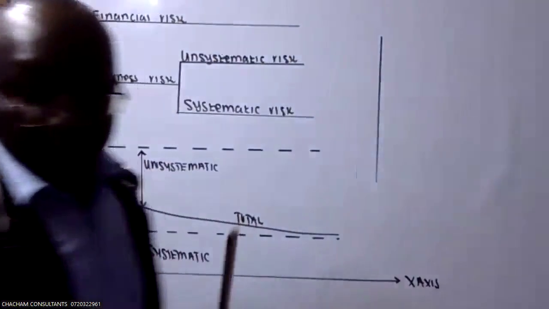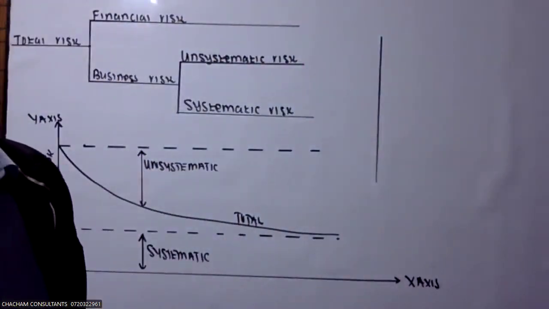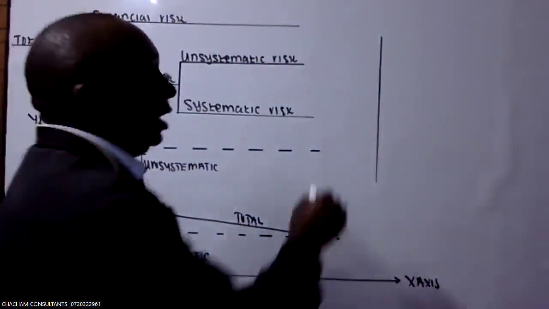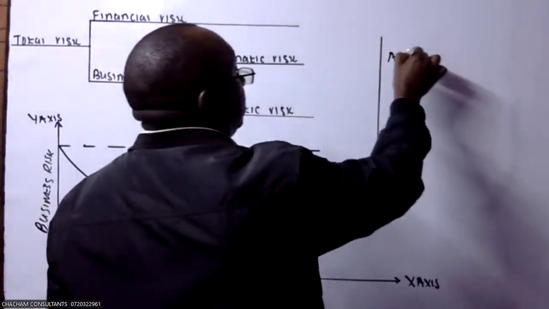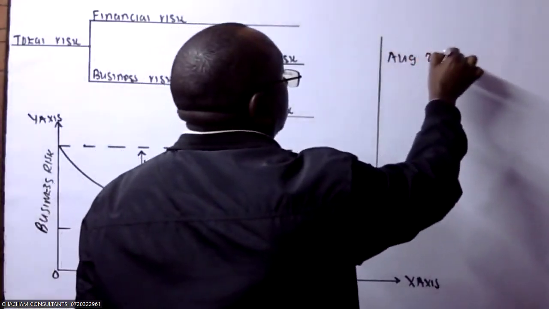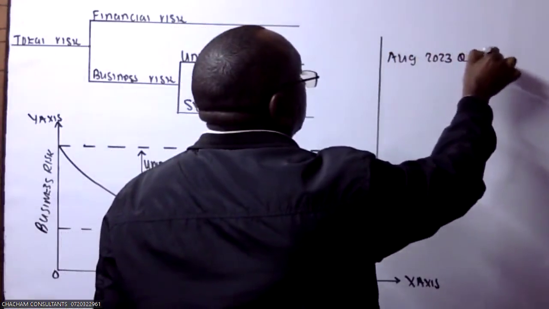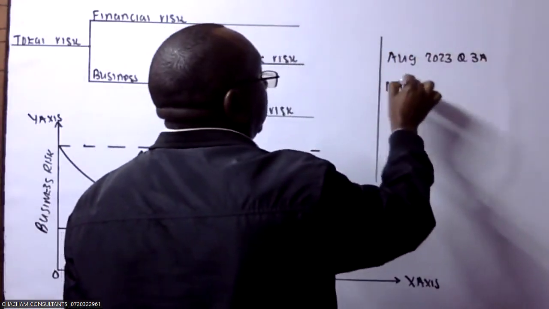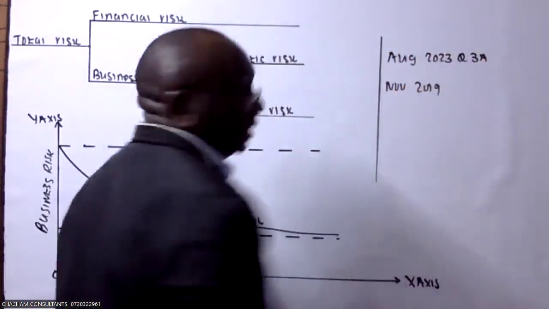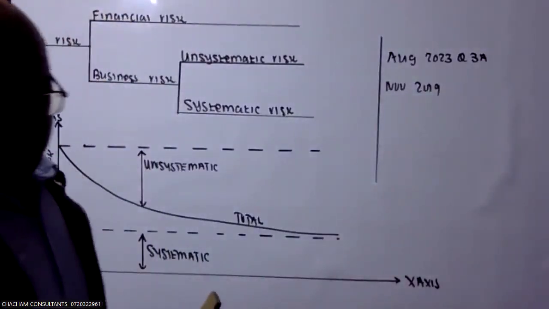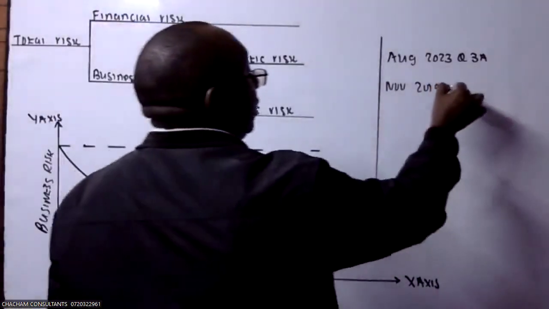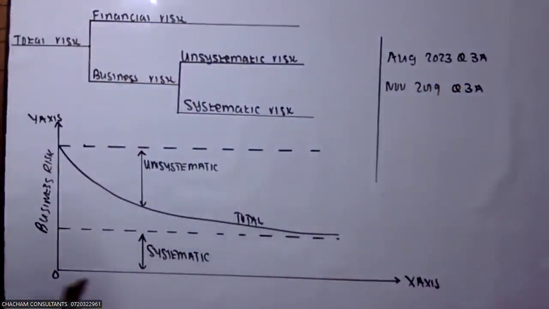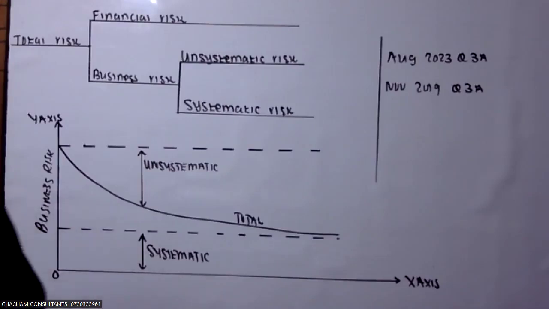Now for your assignment on the same, you will check August 2023, question 3A, and November 2019, question 3A. So that is all that we are able to do today.